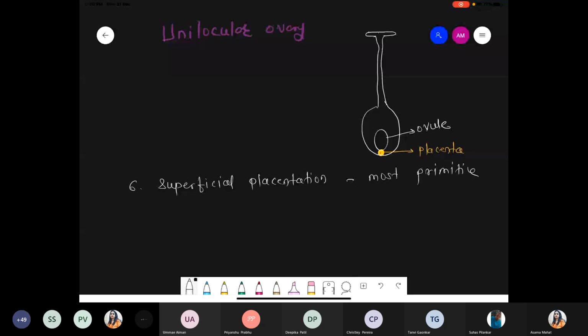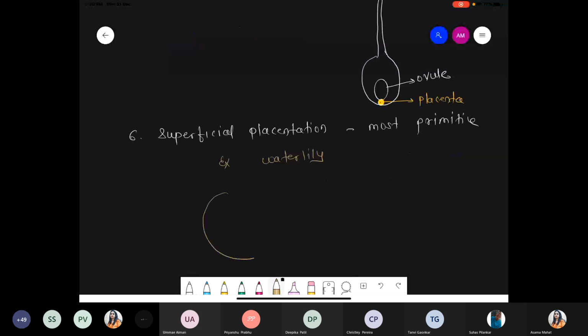Now, when you take any transverse section of the ovary in superficial placentation, again it has multilocular chambers. So many chambers are present. So simply we are talking about a multilocular ovary, that is an ovary that has many different chambers present.